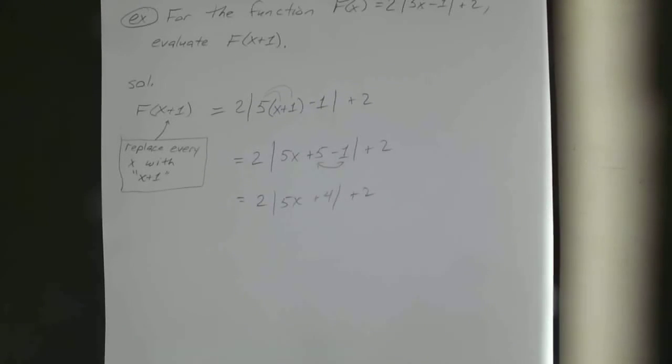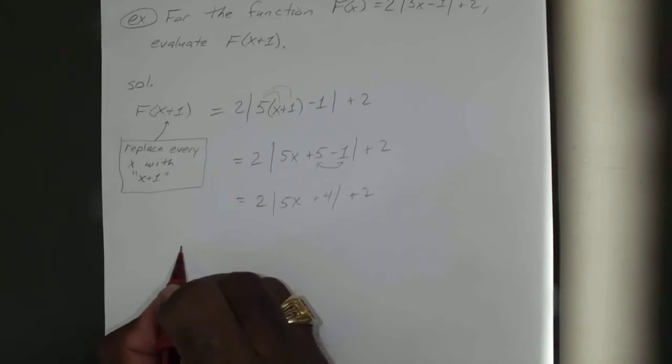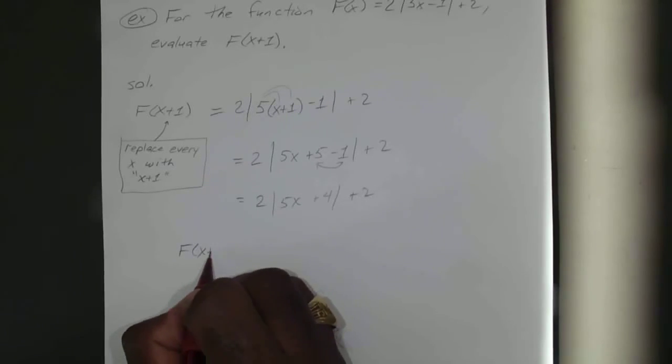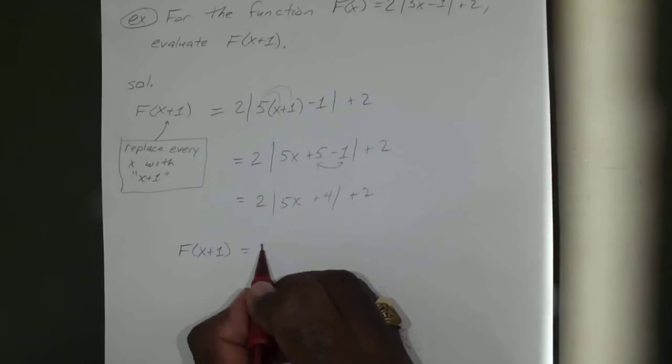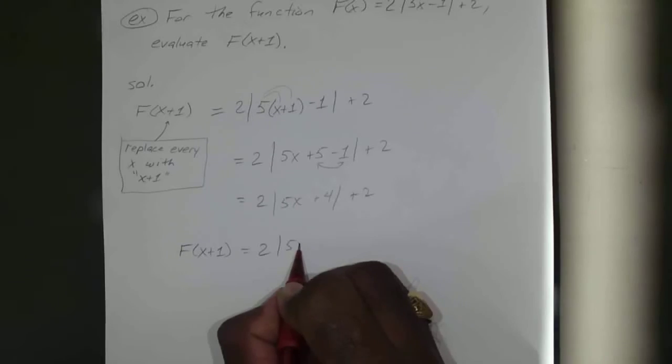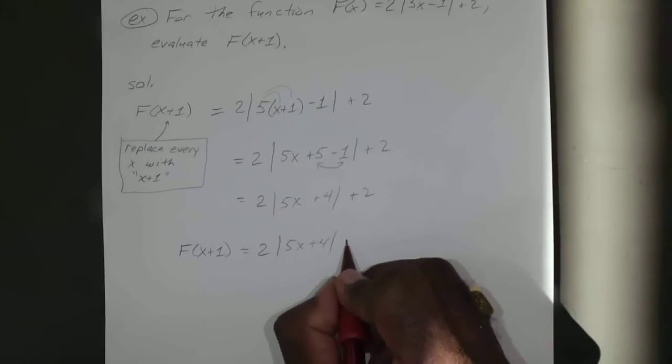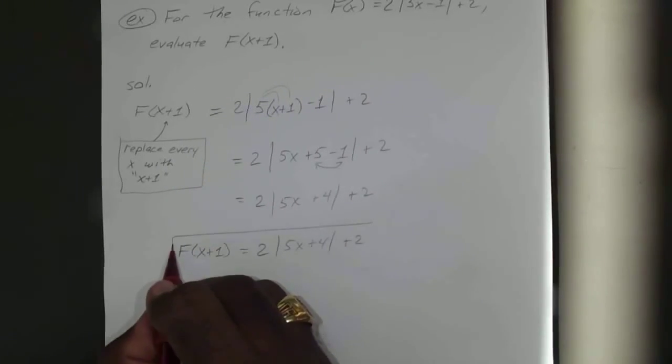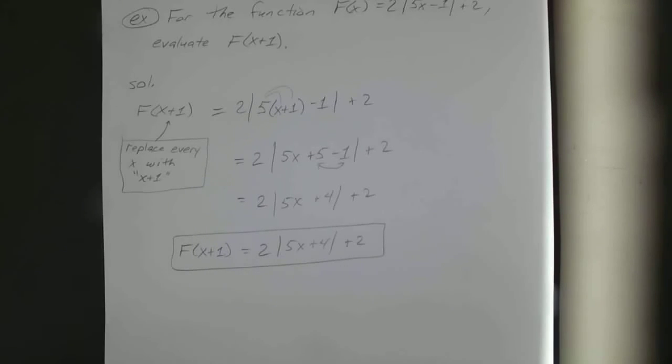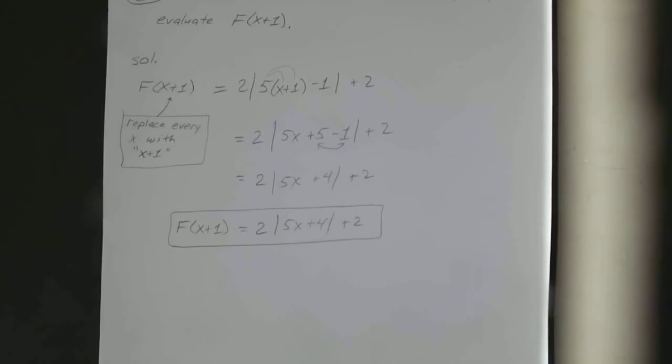Okay, so you can't really simplify that anymore, so we know our f of x plus 1 is equal to 2 times the absolute value of 5x plus 4, plus 2. All right, any questions on that one?